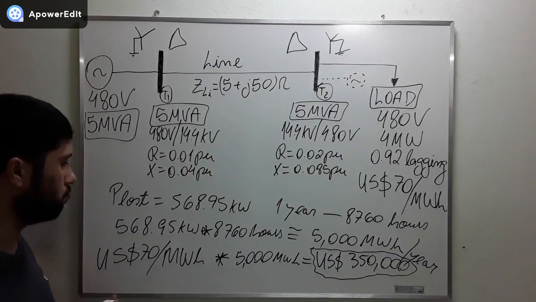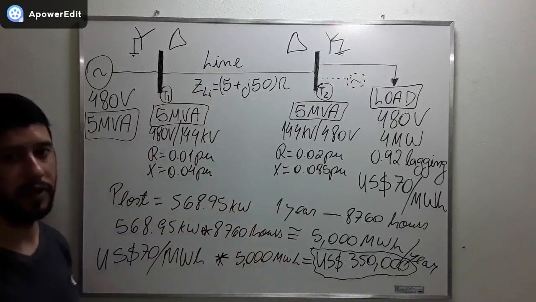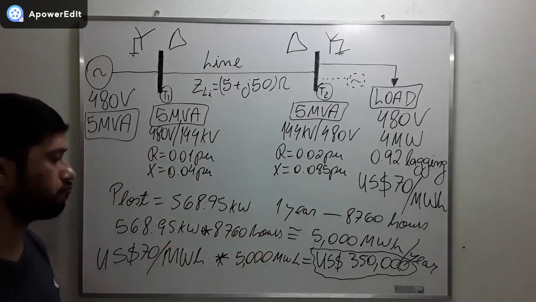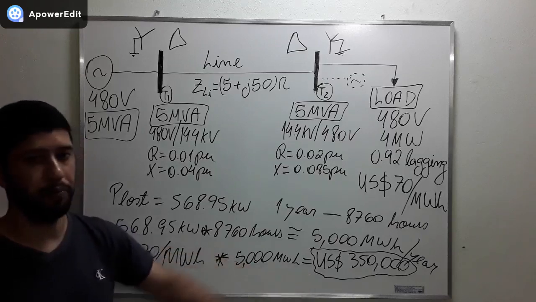So we are losing in transmission $350,000 per year.